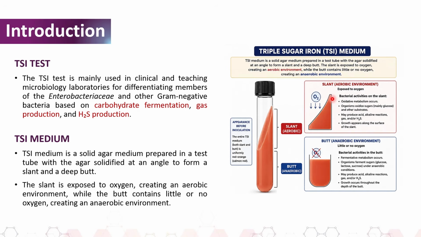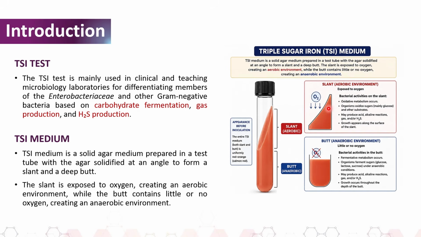metabolism. The diagram here shows the slant portion of the TSI agar medium, which represents an aerobic environment because it is well exposed to oxygen. Bacteria growing on the slant use oxygen for aerobic metabolism. In doing this, they first oxidize glucose, and once the limited glucose is depleted, many bacteria begin breaking down the peptones available to release ammonia that makes the medium alkaline.